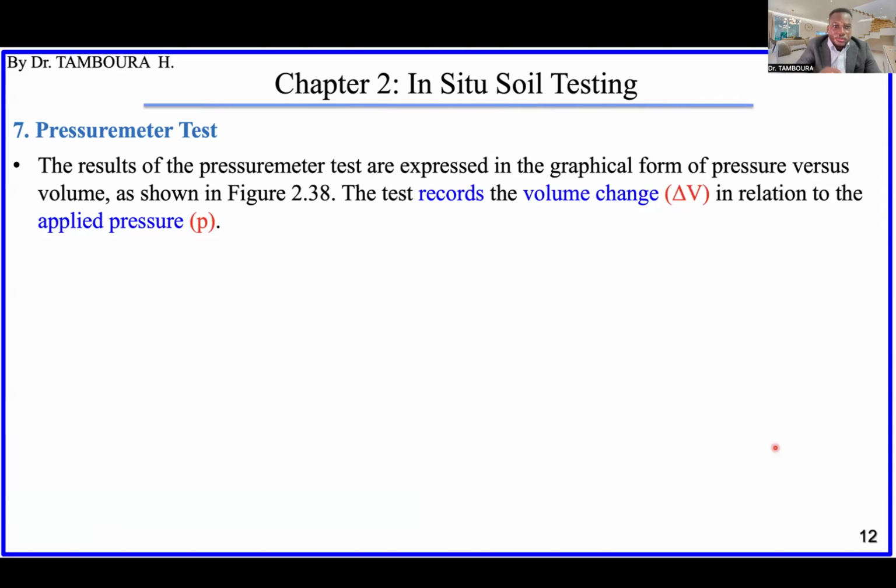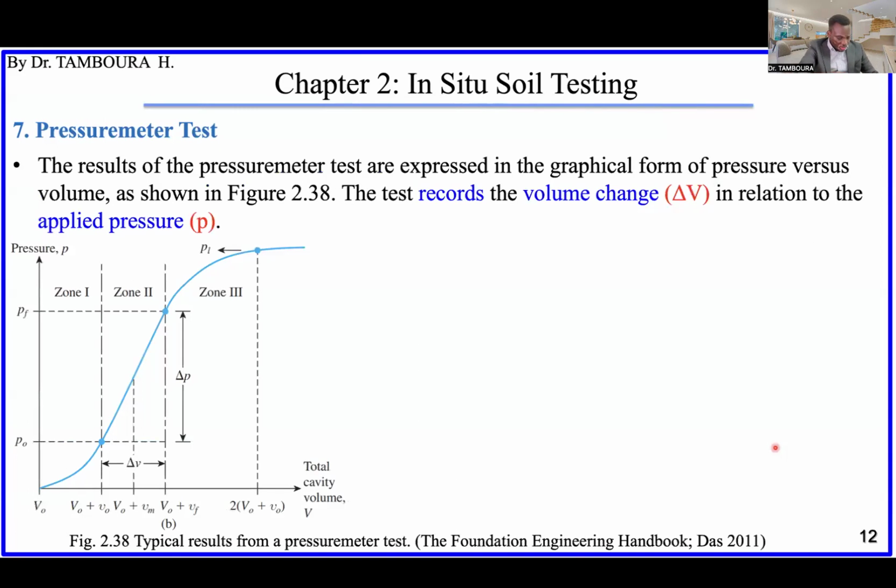The results of this pressuremeter are expressed, as I was saying, in the form of pressure versus volume. The recorded volume change is related to the applied pressure, something like this.